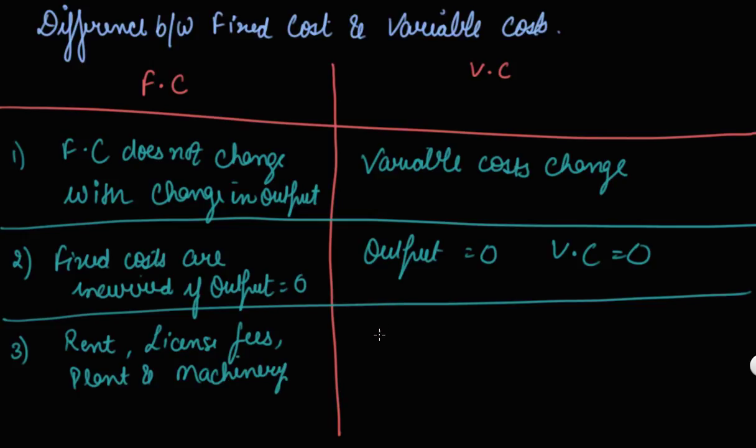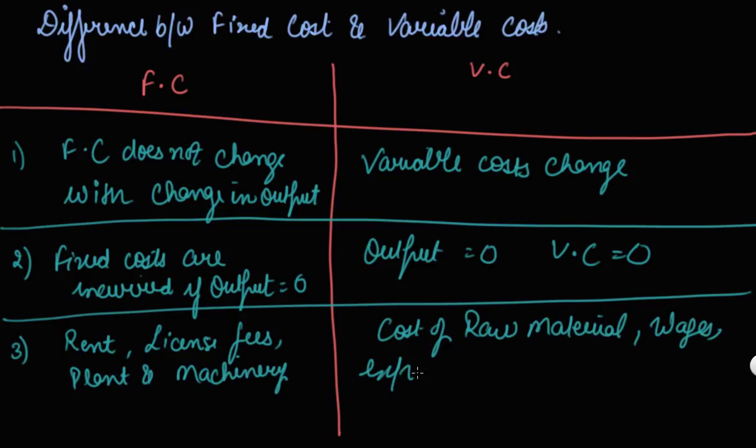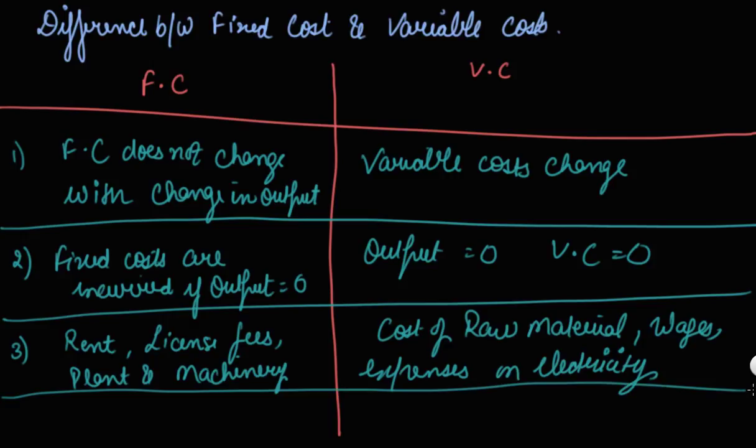Your variable costs are the cost of raw material, your wages, your expenses on electricity. So these are the three differences that we can form between the fixed and variable cost. The fourth difference you can make by yourself.